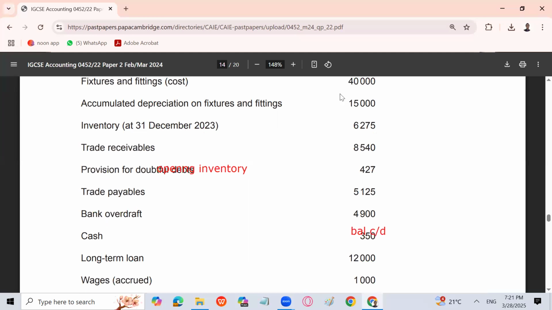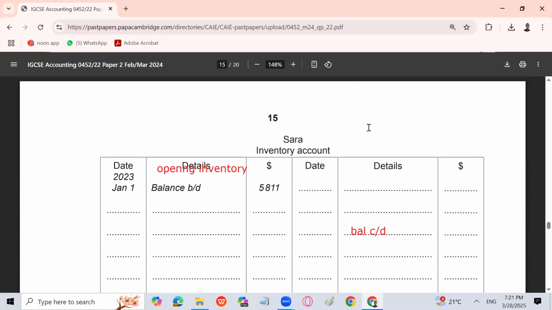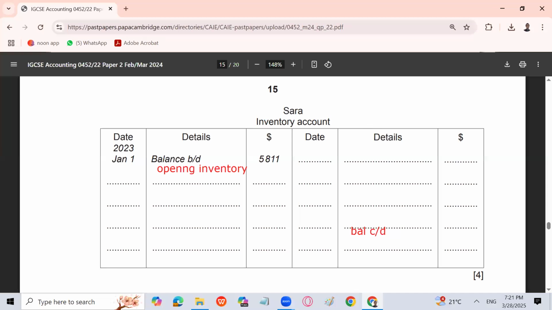So let's see what the closing inventory given in the question is. That is inventory at 31st December 6275. So I will write here 6275, over here 6275. Opening inventory is also transferred to the profit and loss account or the trading account, the income statement, with the same figure, whatever the amount of the opening inventory, 5811.